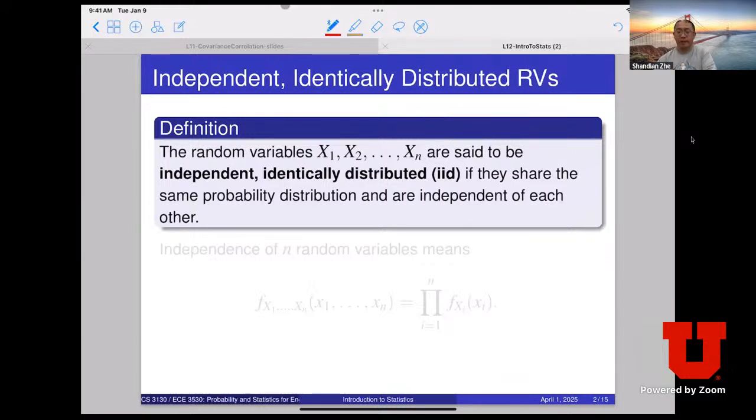Okay, that's the motivation. So we're going to start with a very simple setting where we assume this set of random variables are independent and identically distributed. That means I have x1, x2 through xn, and n can be arbitrarily large.